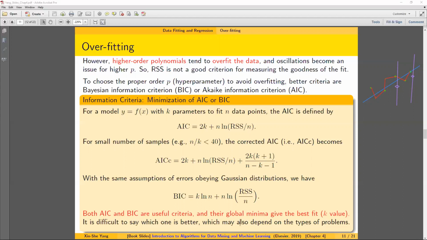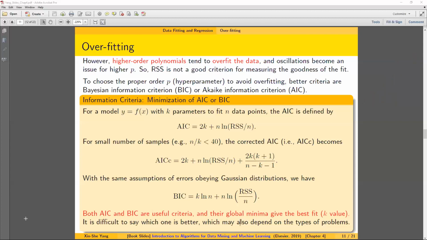So you have to think about it: we're not trying to find a model that fits the data perfectly. We're finding a model that fits the data reasonably well and is able to predict what you have not observed yet. That's the point I'm trying to make. So that's a brief discussion on overfitting.